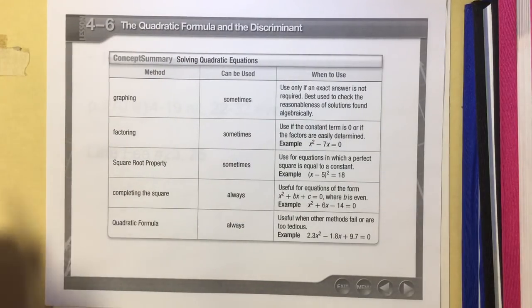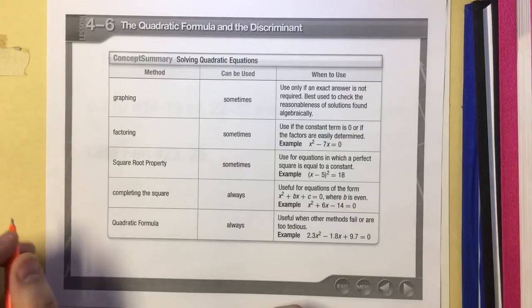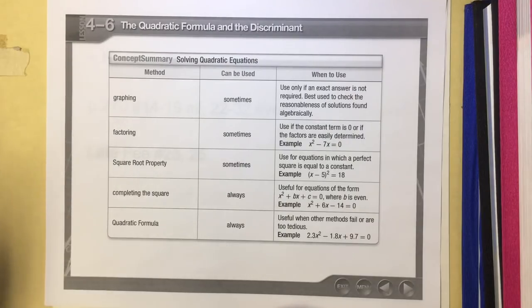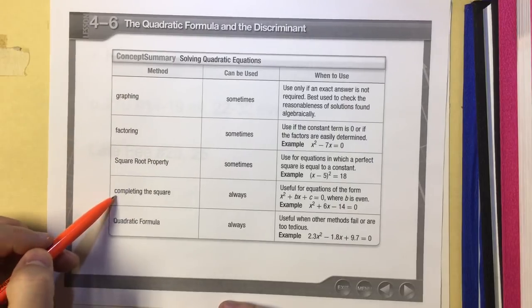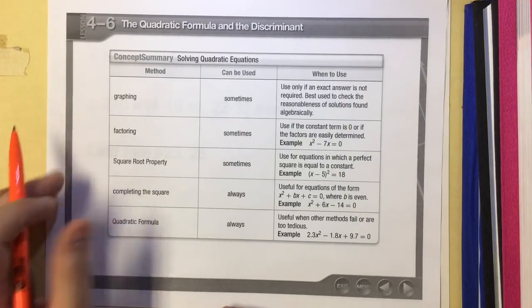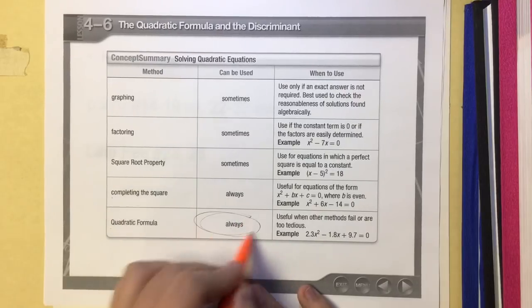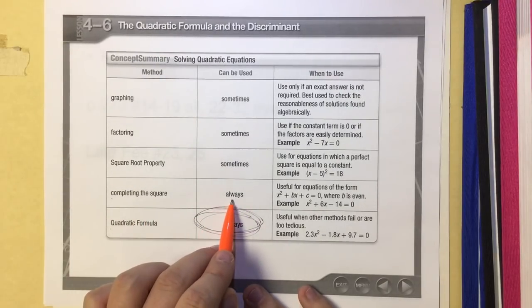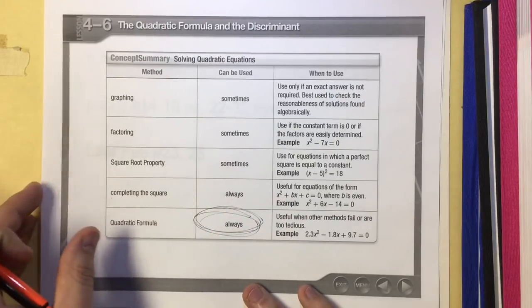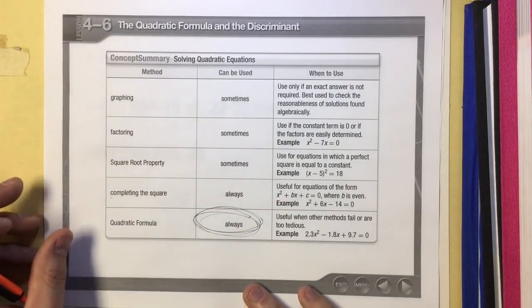This right here tells us when we can use different methods. It just kind of summarizes the different methods we've done: graphing, factoring, square root, completing the square, and the quadratic formula. Notice that the quadratic formula can always be used. Completing the square says it can always be used, but we talked before about reasons why you might not want to use it.